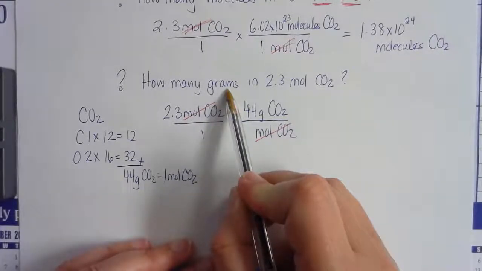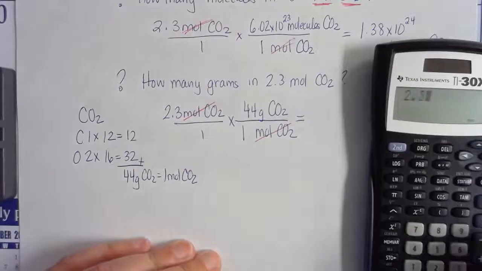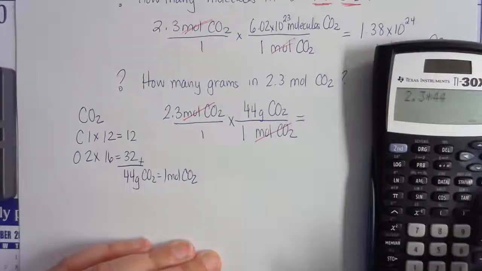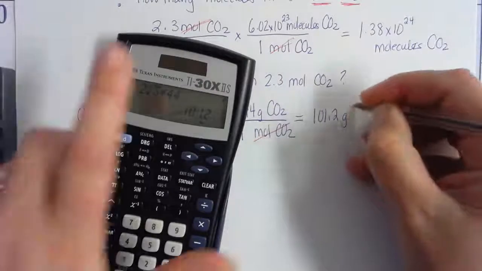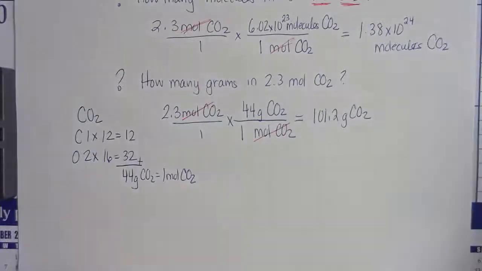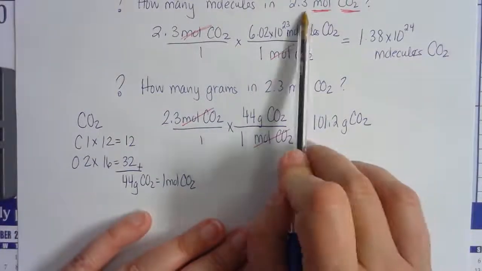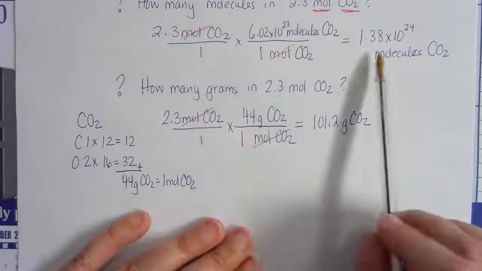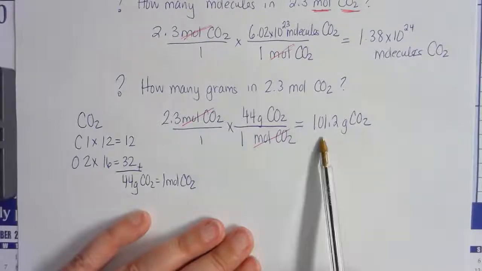Yeah, we have grams, so we're just going to multiply. So 2.3 times 44 gives me 101.2 grams of CO2. So the 2.3 moles of CO2 yielded us 1.38 times 10 to the 24 molecules, but it weighs 101.2 grams.